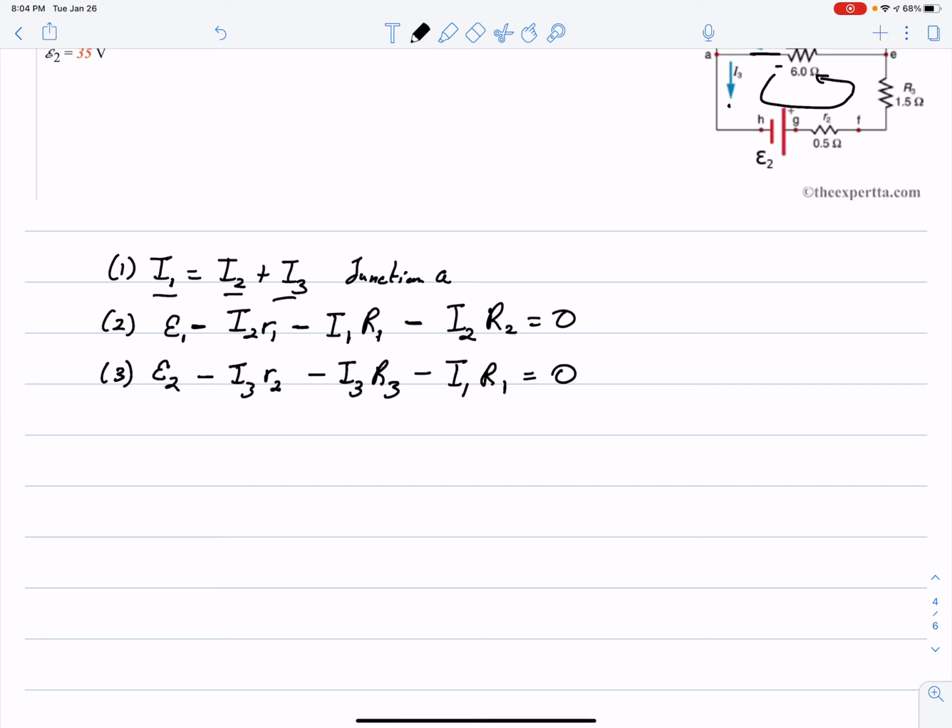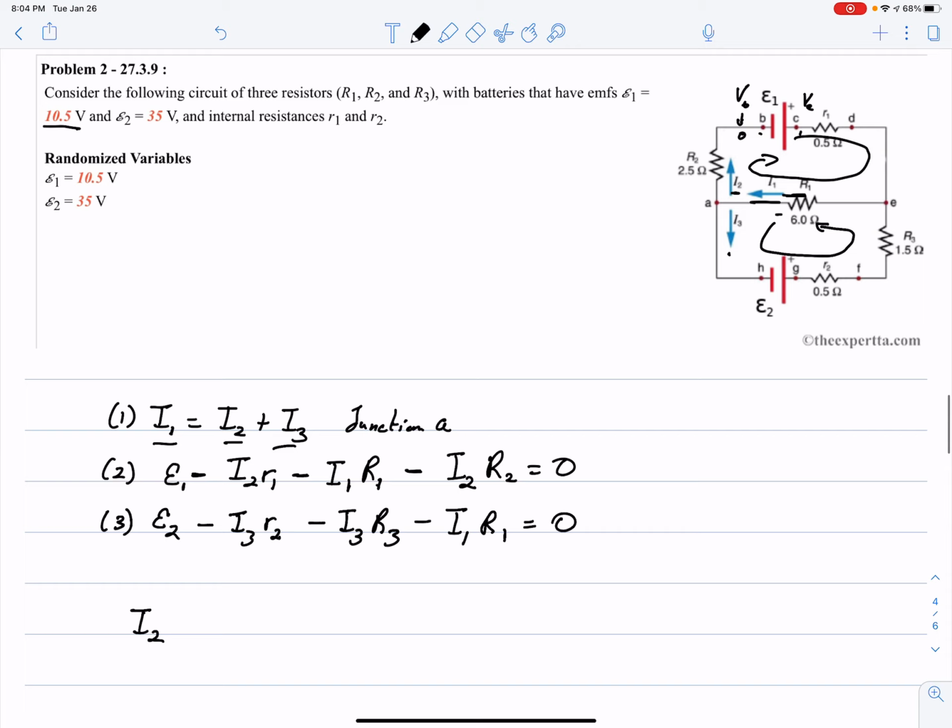So this is perfect because you have 3 equations, 3 unknowns. Now you can solve for the actual problem. And I saw some of you were saying that, hey, I2 is actually a negative value. If you get a negative value, it does not mean that you are incorrect.